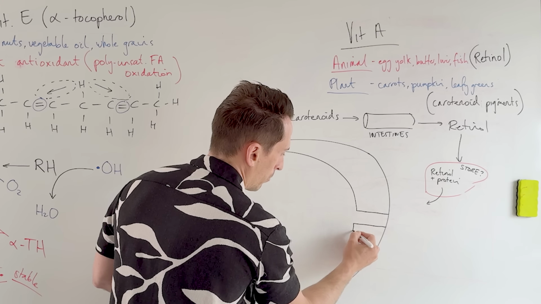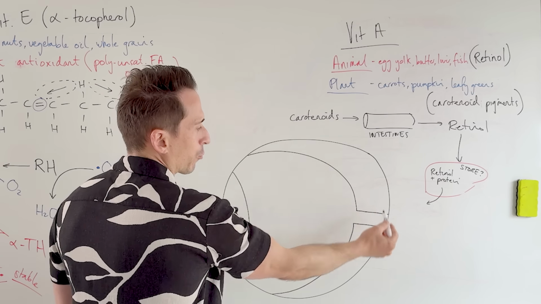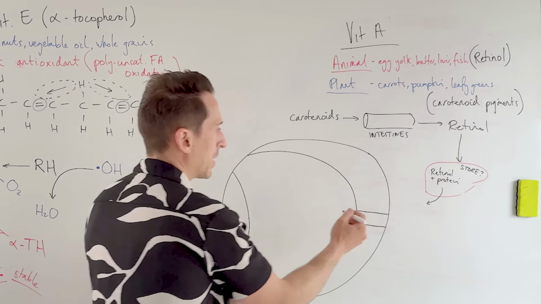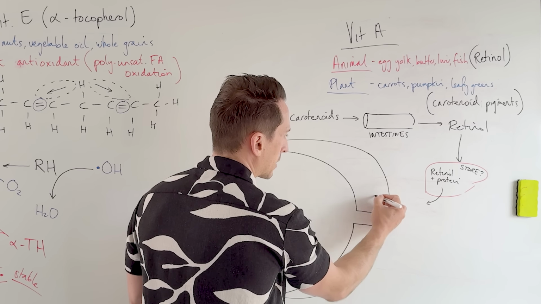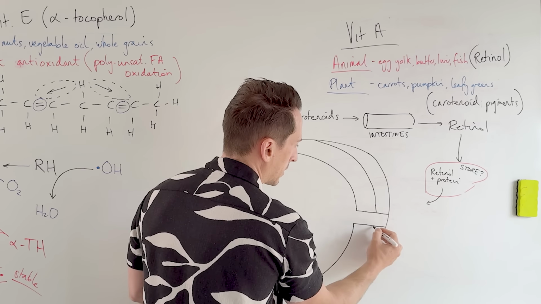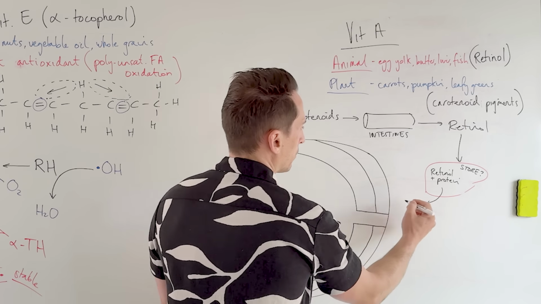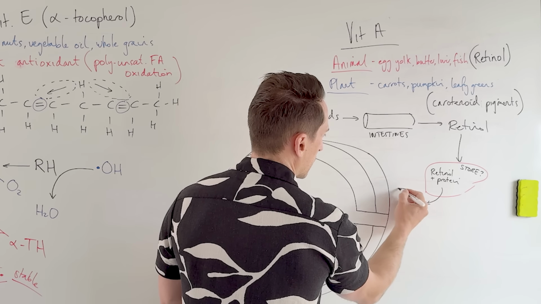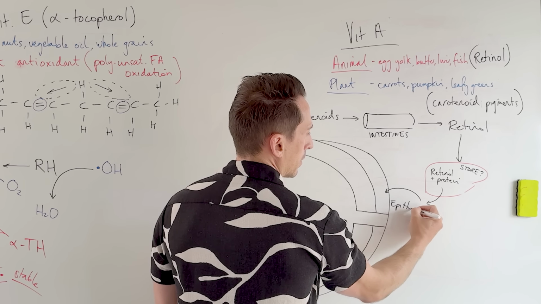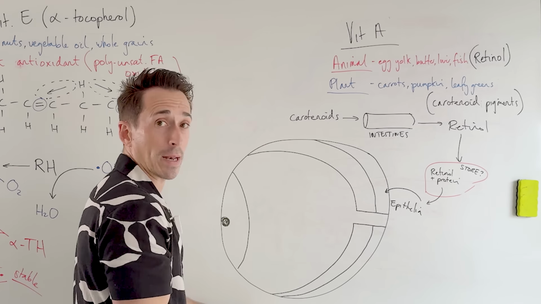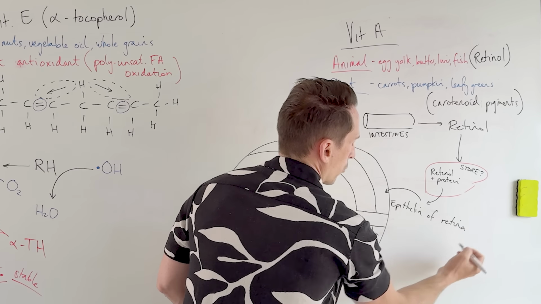Now we need room for that optic nerve to travel down, but here we've got the retina at the back, and there's a couple of different layers. I'm not going to go through the specifics of the layers, but importantly, this first layer is an epithelial layer. And so the retinol gets sent first to the epithelial layer, the epithelia of the retina.